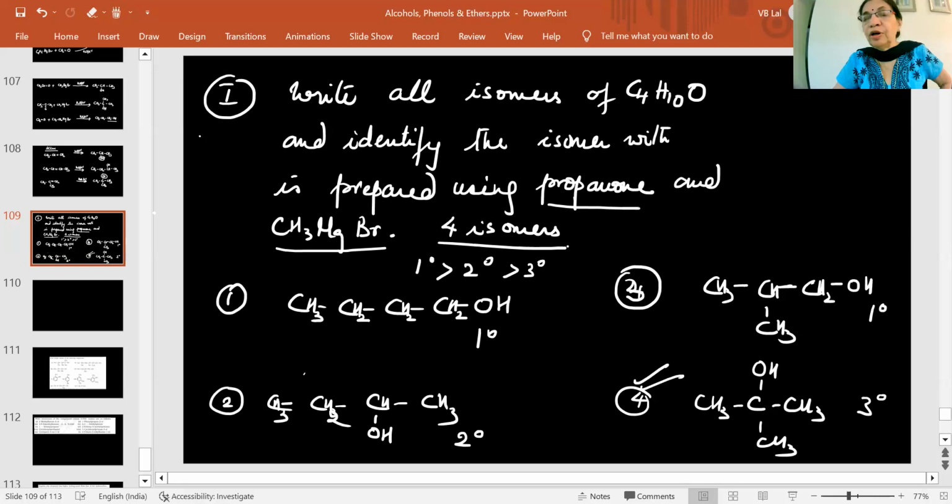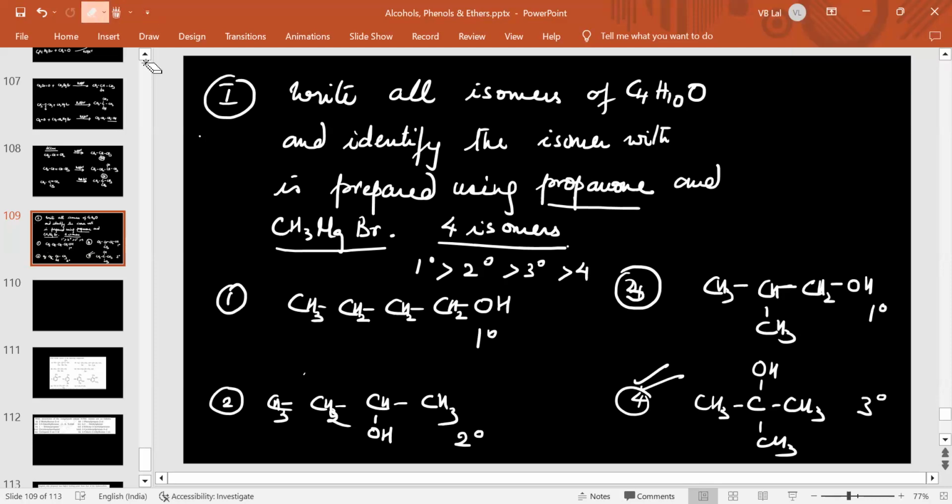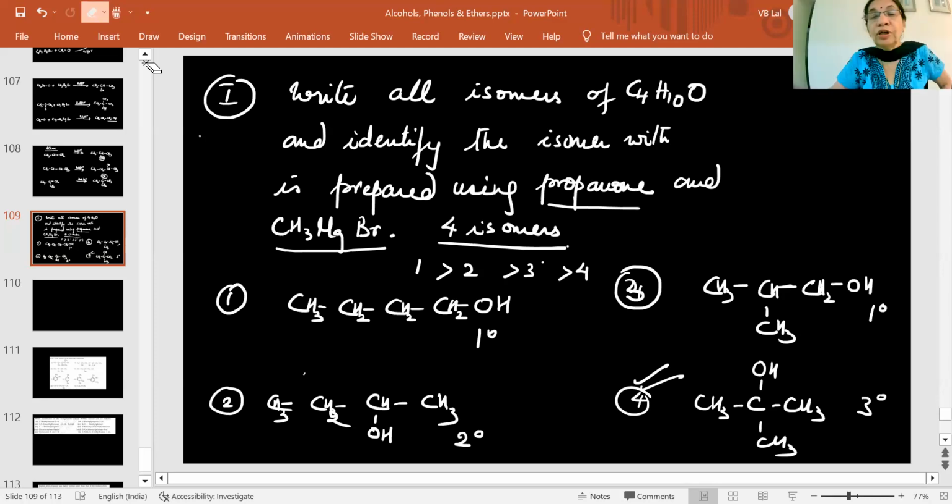And the lowest boiling point will be of the tertiary, fourth one, because its intermolecular force of attraction will be less.